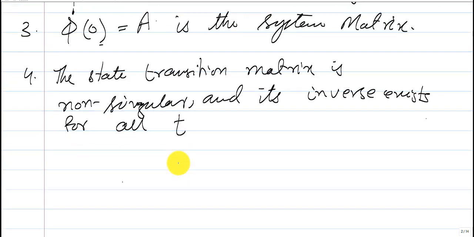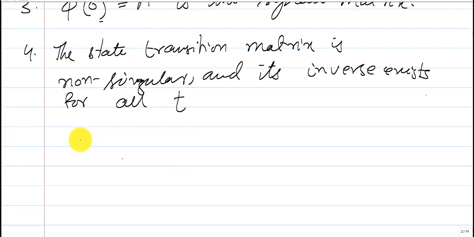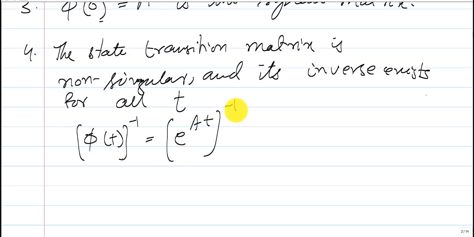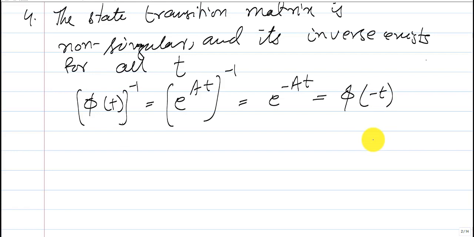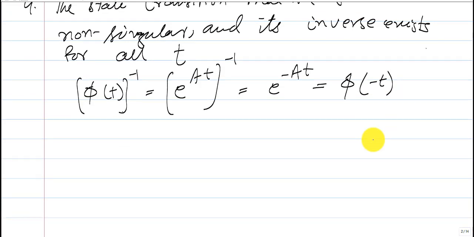So its inverse actually exists for all values of t. It means that the inverse of phi of t will be equal to e raised power At inverse, or we can write it as e raised power minus At, and that can be written as phi of minus t. So it is quite simple to find the inverse of the state transition matrix.